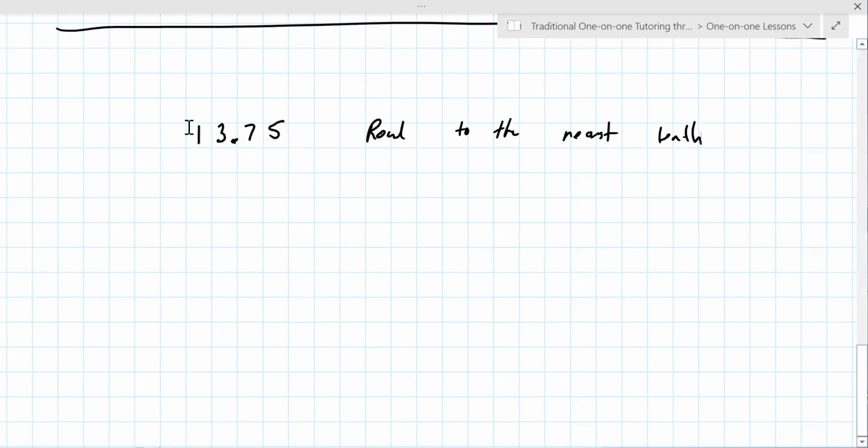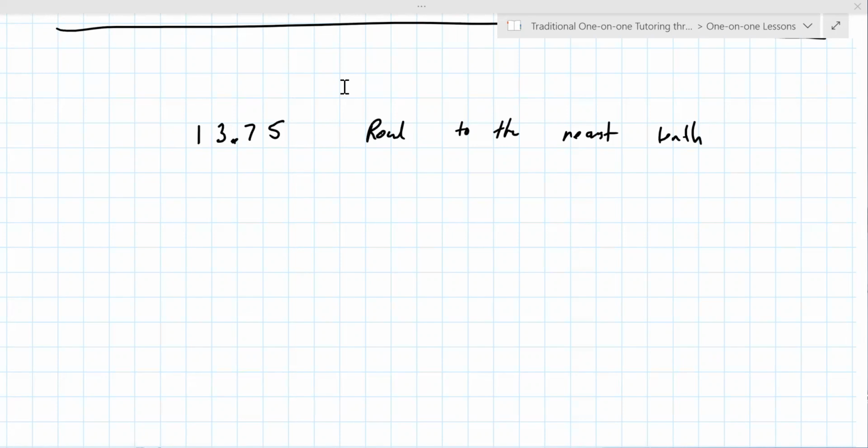You can't just yell out an answer. You want to determine which value is the tenth and which one is to the right of it, and then decide whether it goes up or down. It goes up. Okay, so what does it go up to?